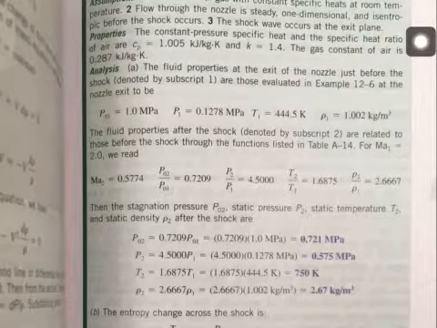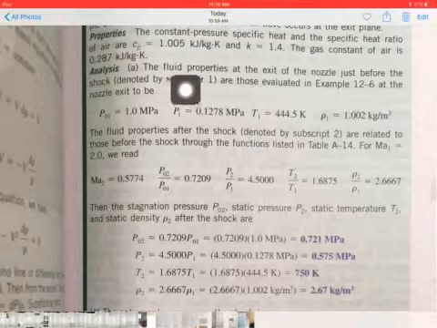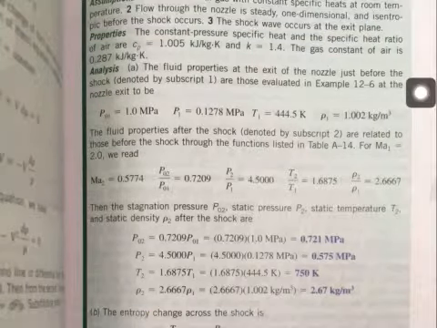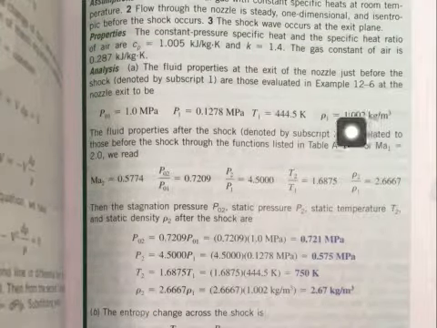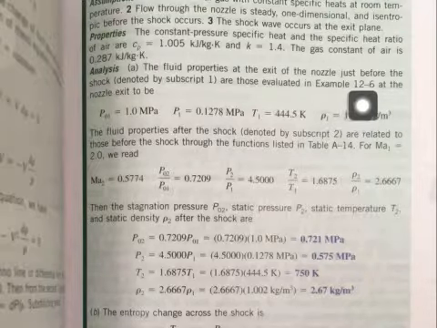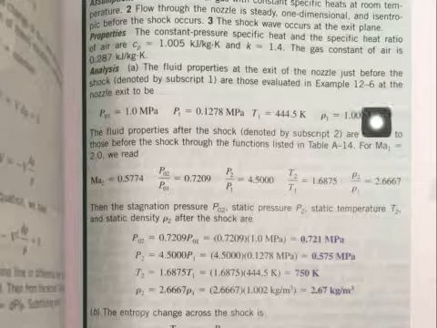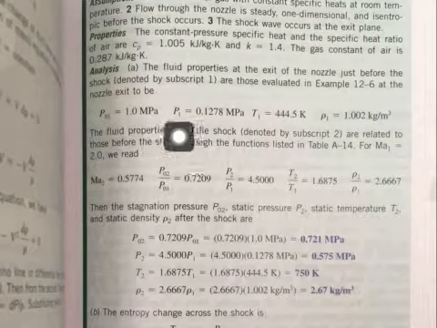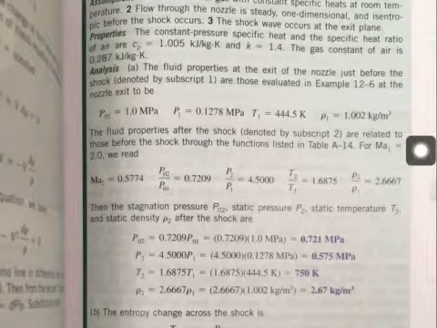So we do some analysis. A, the fluid properties at the exit of the nozzle just before the shock are evaluated in example 12.6. This is similar to the diagram just now. So this is the value.